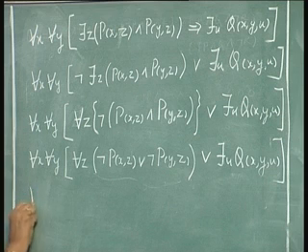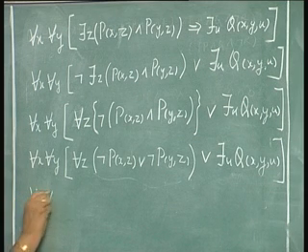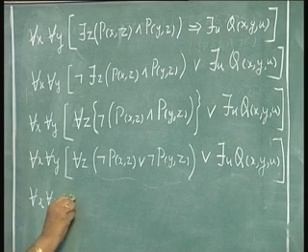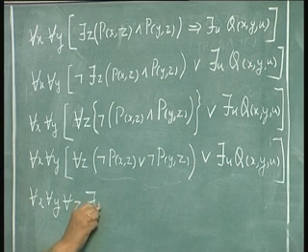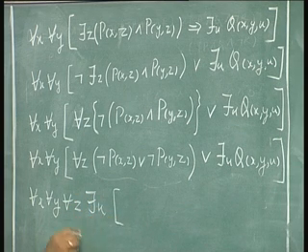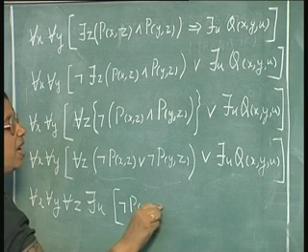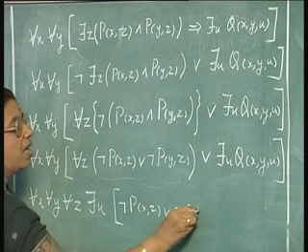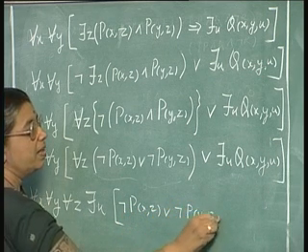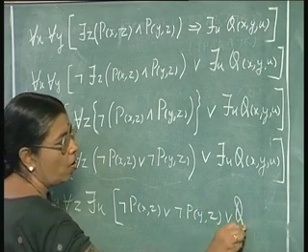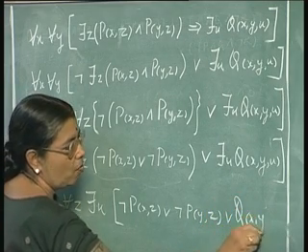So, what you get is for all of x, for all of y, for all of z, there exists u, then you get not of P of x comma z or not of P y comma z or Q of x y u.